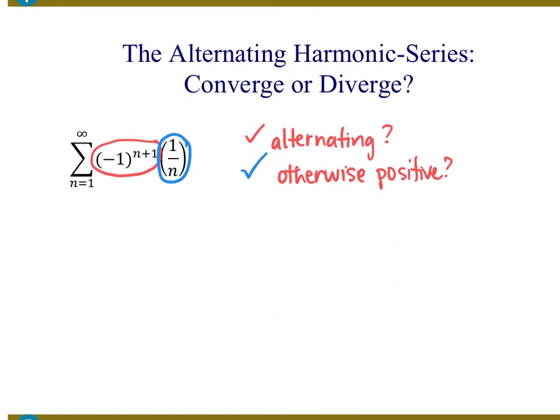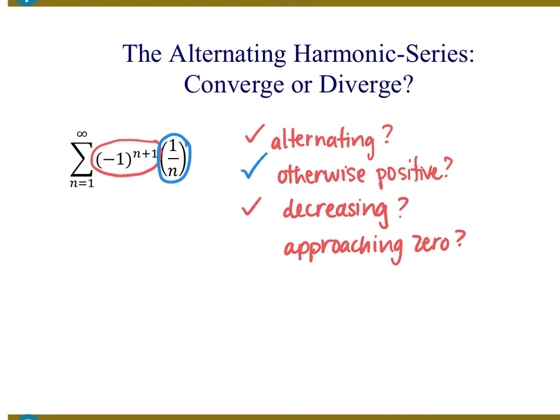Yes. Is each term, the 1 over n part, decreasing? Yes, each term gets smaller. And finally, is it approaching 0? And 1 over n, as n approaches infinity, does approach 0.